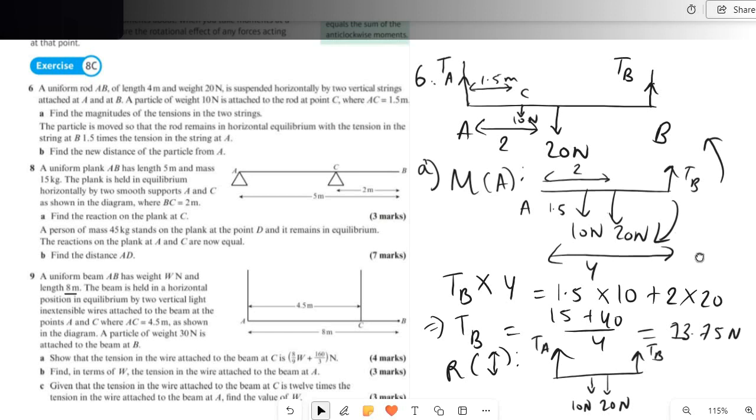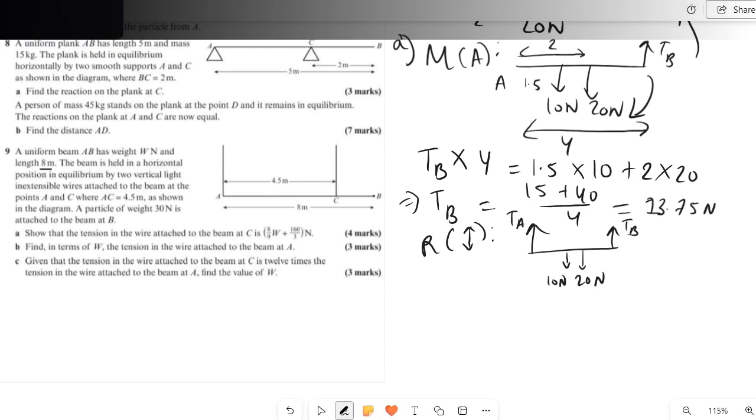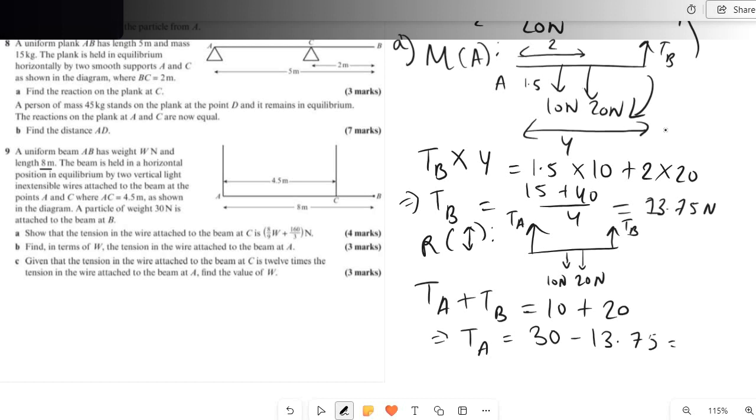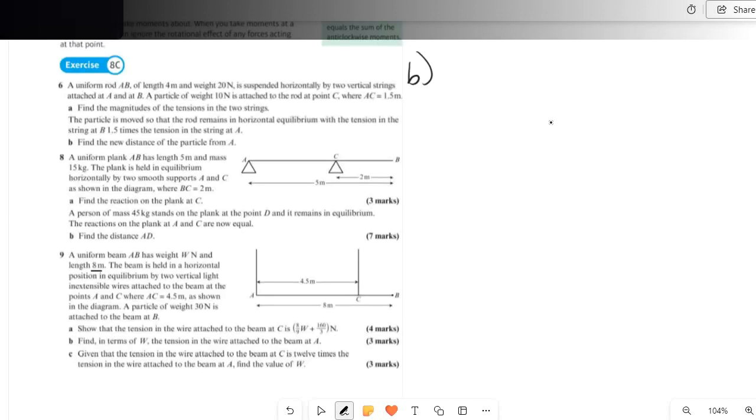Therefore, tension at A plus tension at B is equal to 10 plus 20, which is the total downward force. Therefore, tension at A is equal to 30 minus tension at B, which is 13.75, which is going to give us 16.25 newtons.